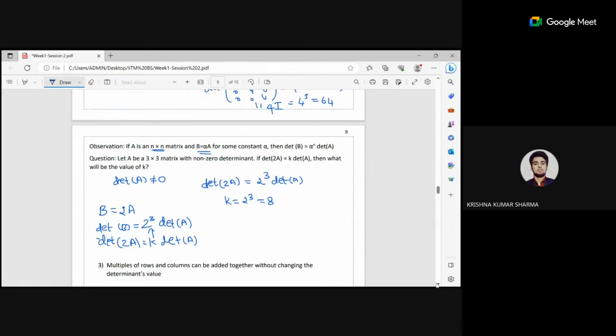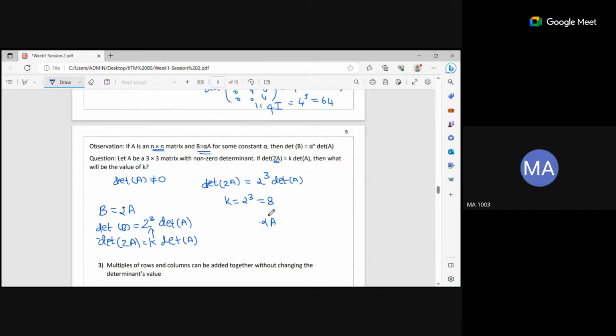I think he has a doubt about how we come to know whether we have to multiply the scalar by a single row or by the entire matrix. It will always be specified. If you are writing alpha times A, that means you are going to multiply alpha with all the entries of A. Whereas if I'm saying something like replace R1 with 2 times R1, or C2 with minus 1 times C2, then it means I'm going to multiply the scalar with only either the row or the column.